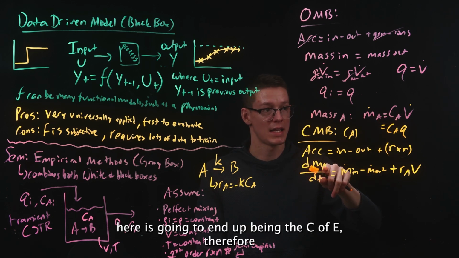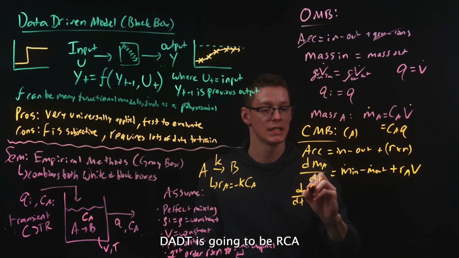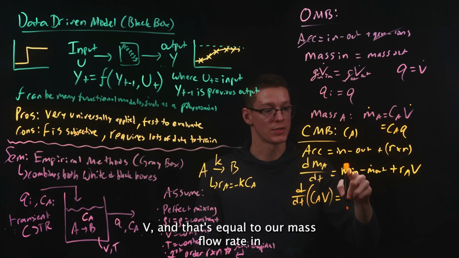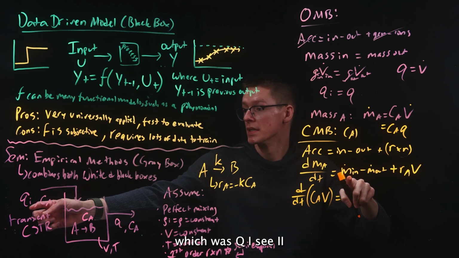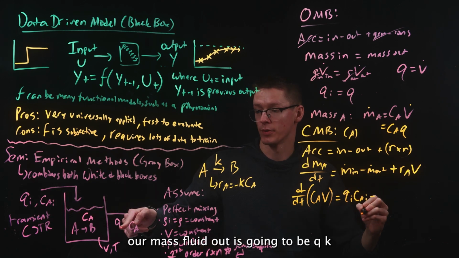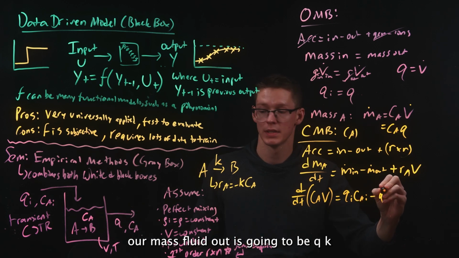Our MA here is going to end up being the CA times V, therefore d/dt is going to be our CAV, and that's equal to our mass flow rate in, which was Qi CAi. Our mass flow rate out is going to be Q CA.